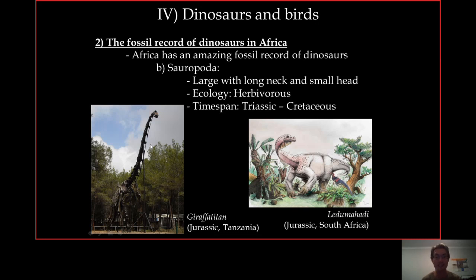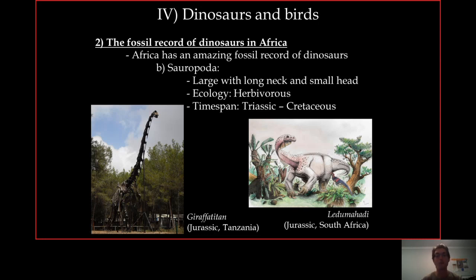So that's a gigantic animal. 60 tons is 10 times an elephant. So 10 African elephants are just a match to one Giraffatitan. And this one was discovered in the Jurassic of Tanzania. These are the big ones, the sauropods.